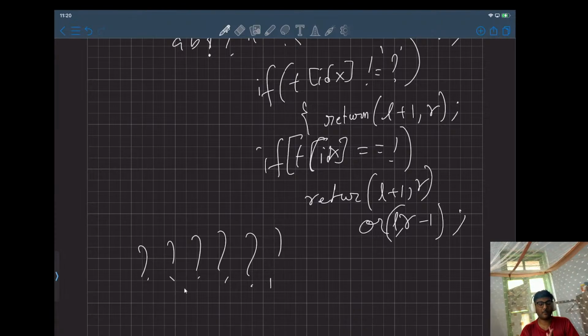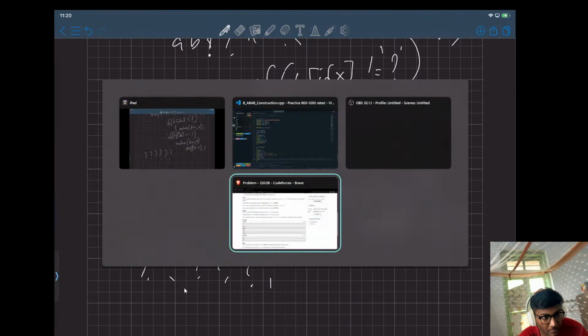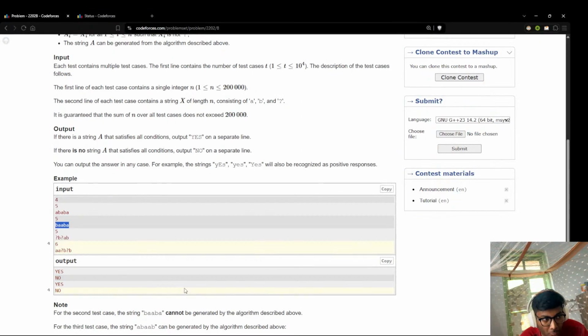Like L and R can both be up to 10 to the power 5, because you see that n is up to 2 into 10 to the power 5.